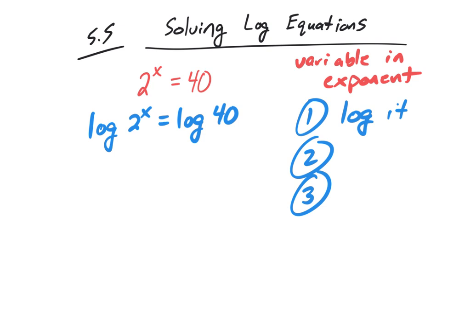Step 2, we're going to use that property that we talked about last week. When I have an exponent on a log, what can I do with that exponent? Move it to the front, okay? Just because it rhymes, we say frog it. This exponent is going to jump over the log.